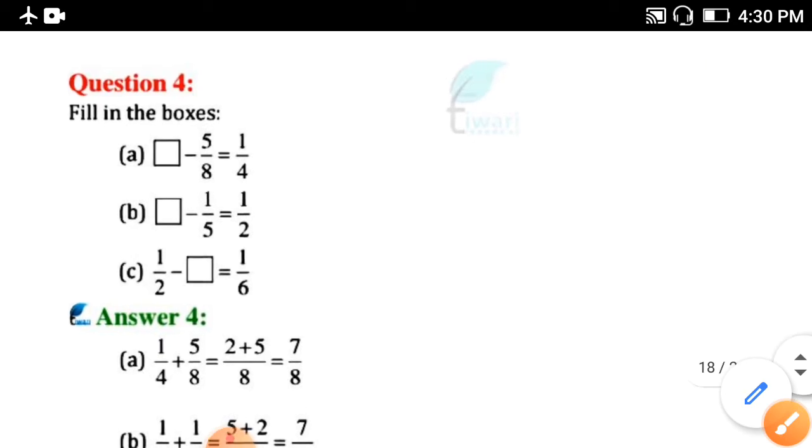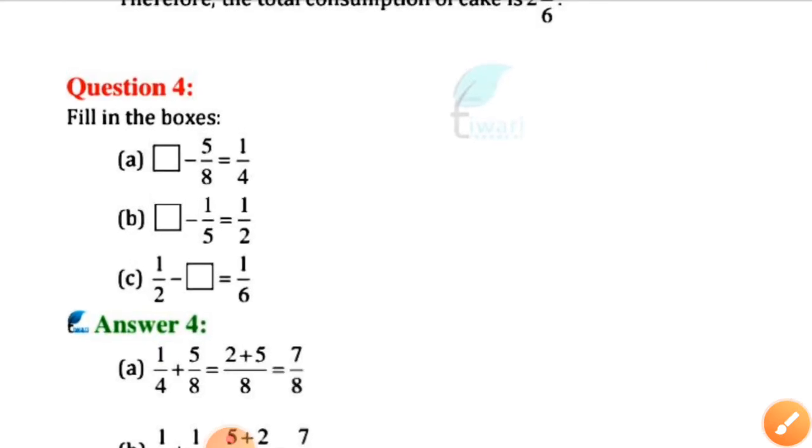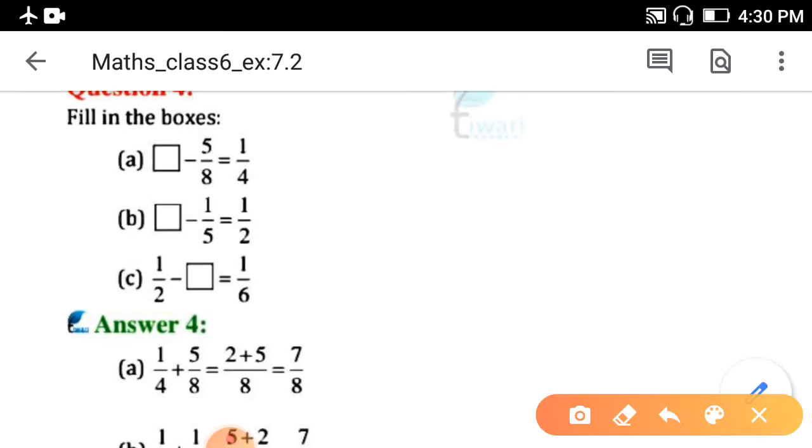So here you have to use the transposition method, because this dash you have to keep as it is. You transpose this minus 5/8 to the right side. So it will be plus. So it will be 1/4 plus 5/8. Okay. So here it is given 1/4 plus 5/8.